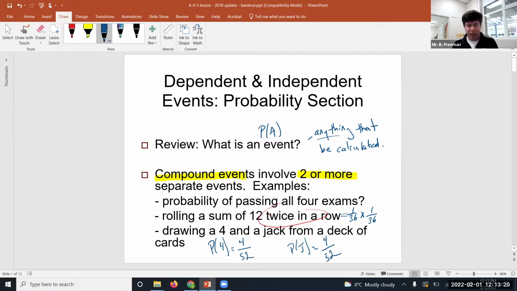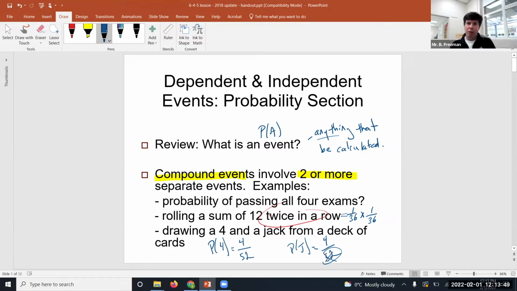But now we need to look at the situation of, is this independent or dependent? Is there a chance that the probability of drawing that jack is going to be altered by drawing the 4? And it gets into these situations of, where does order matter? Because if I'm taking one card and looking at it and withdrawing another card, the probability is different because I no longer have 52 as my sample size.